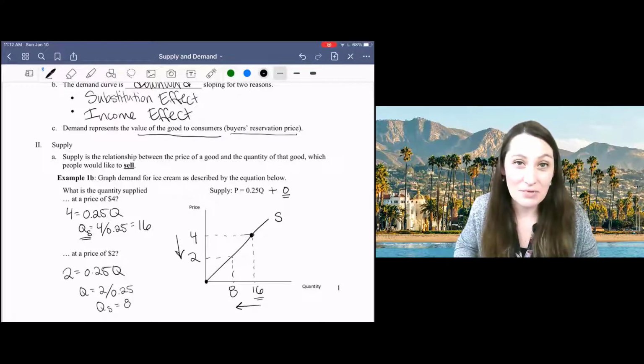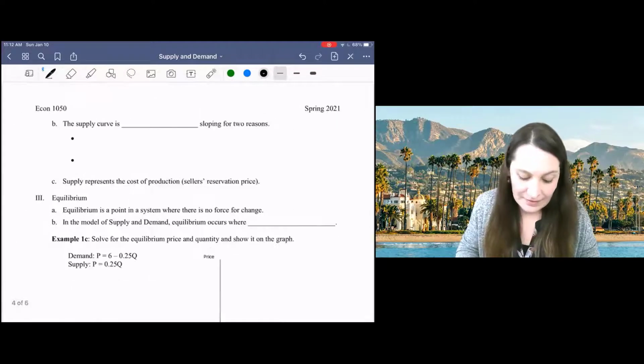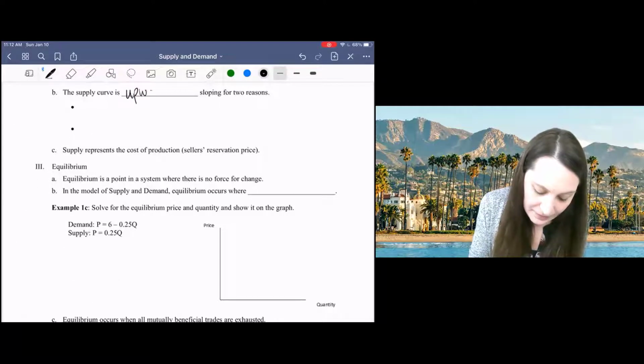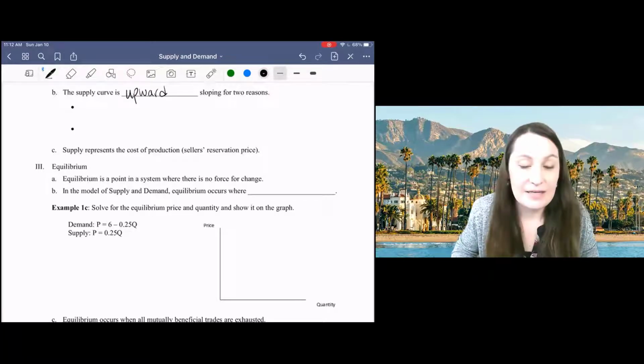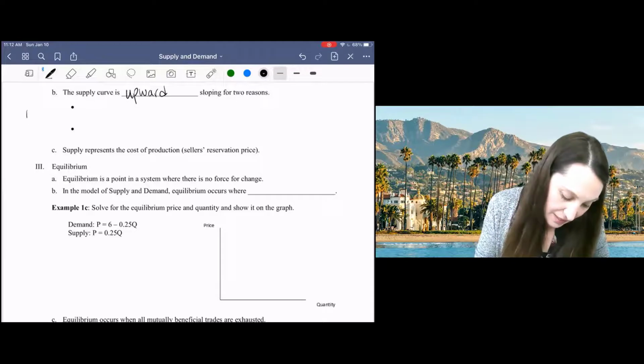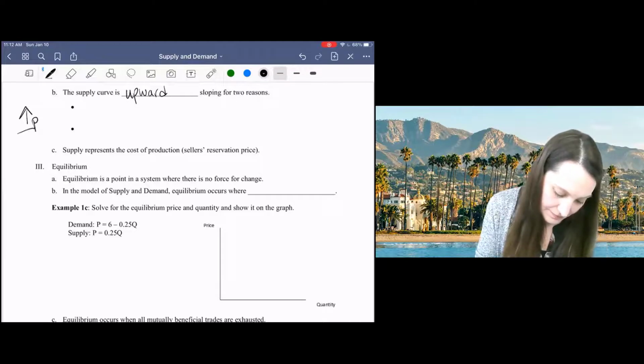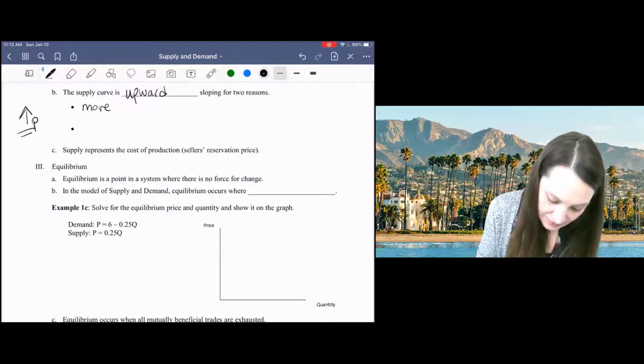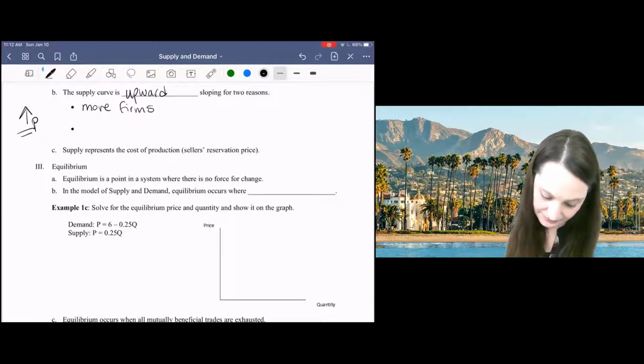Why is supply upward sloping? Well, there are 2 reasons. The first is that as the price goes up, more firms will enter the market.